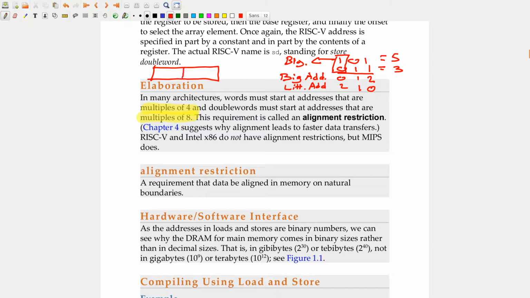Let's split it up, and let's say that each of these is 4 bytes. Think about it this way. If we were to store things in multiples of 4, then this would be 0, this would be 1, this would be 2, this would be 3. Makes sense.